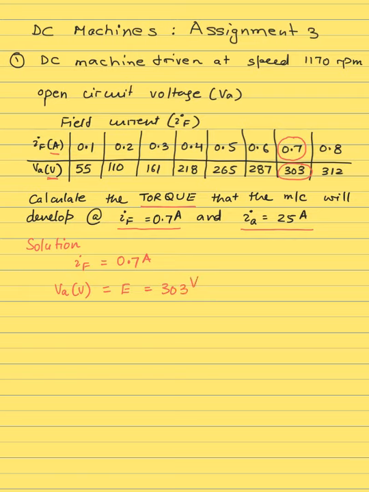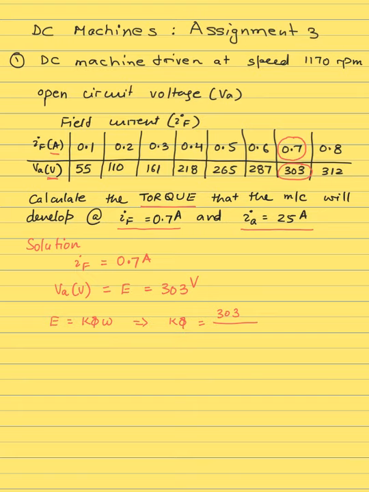With that E value, we will use the expression E equals K phi omega in order to solve for K phi, and then we will use that K phi in the torque equation to calculate the developed torque. So K phi equals 303, corresponding to 0.7 amperes of field current, divided by the speed.